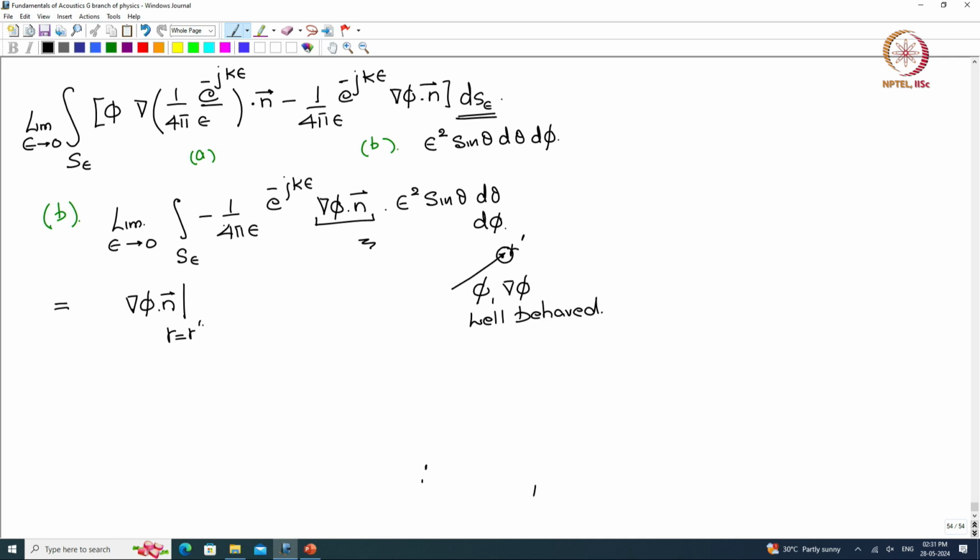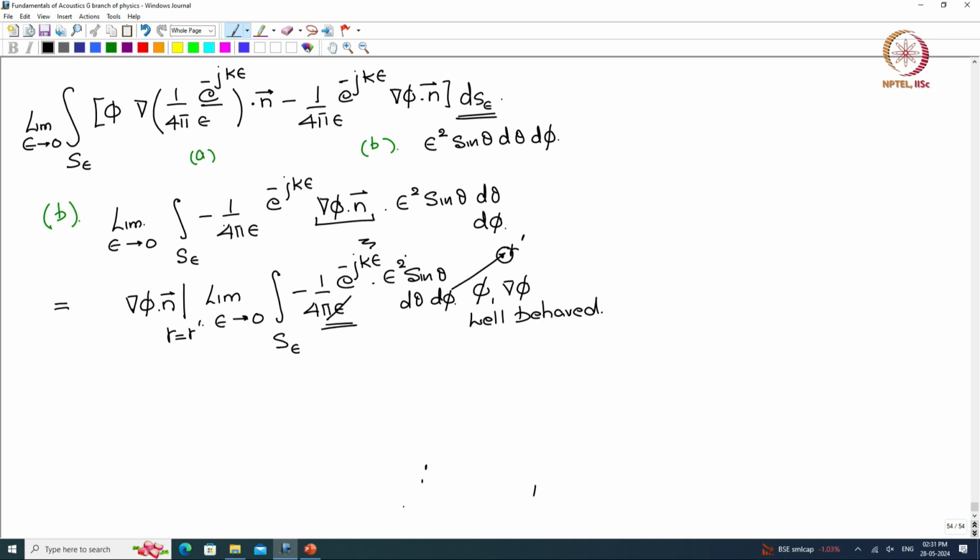And I have the limit epsilon tending to 0 of the integral over S epsilon of minus 1 by 4 pi epsilon e to the power of minus j k epsilon into epsilon square sine theta d theta d phi. Now epsilon falls out.